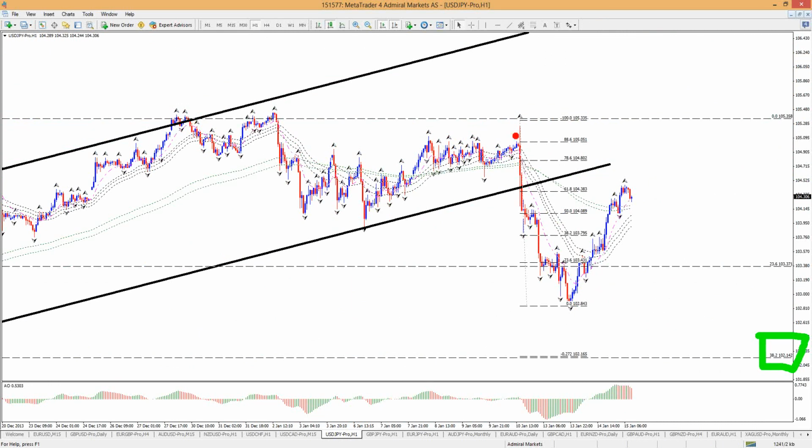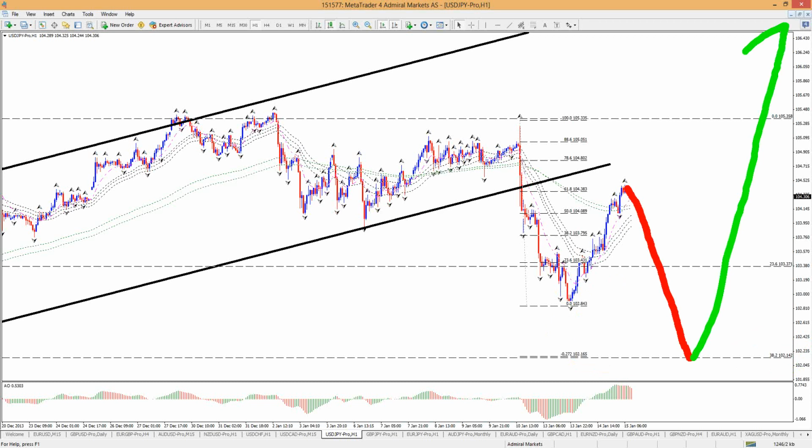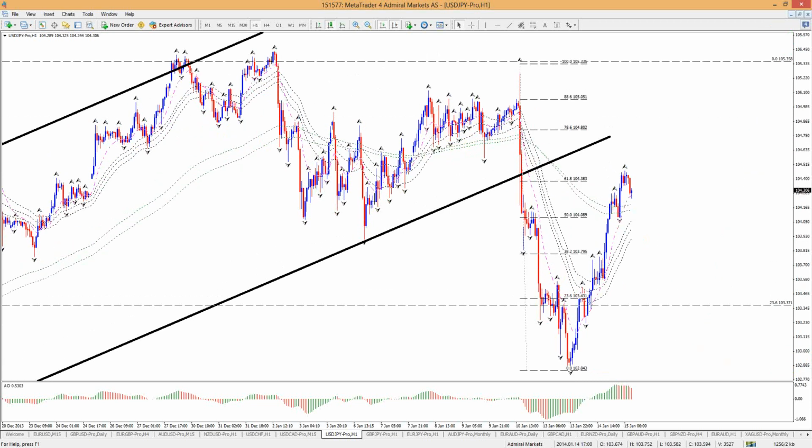With this break, I did think that we could get there. We missed it, which means to me that there's a potential still to fall to that target and then continue with the massive uptrend up to 110. So for me, this recent upside could be just a bounce for more downside.